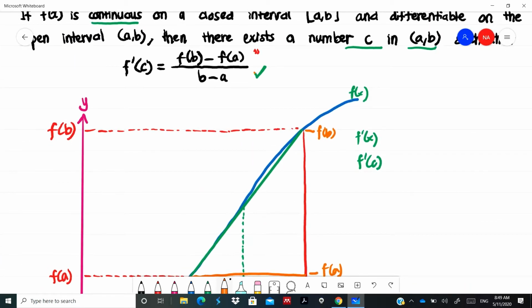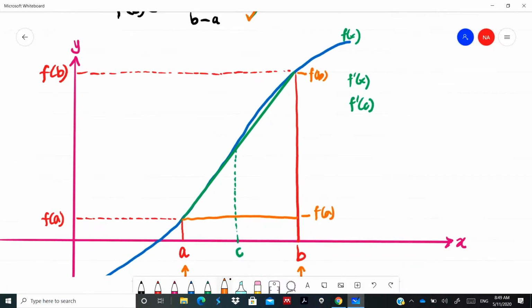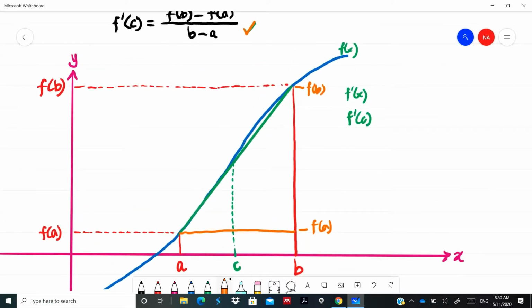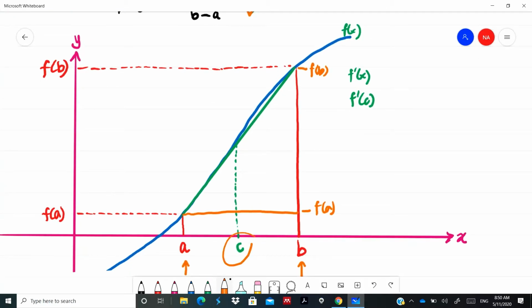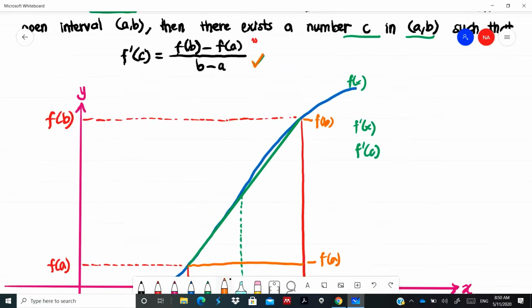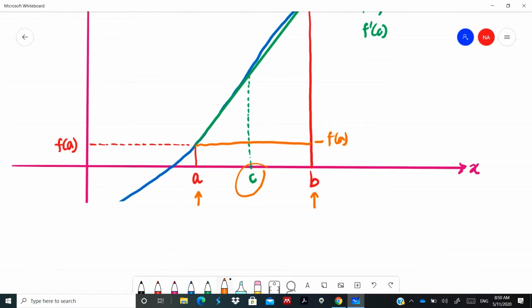So this is given by this formula, and it is the gradient. That's basically what the mean value theorem means: we look for a c whose gradient is f(b) minus f(a) over b minus a.